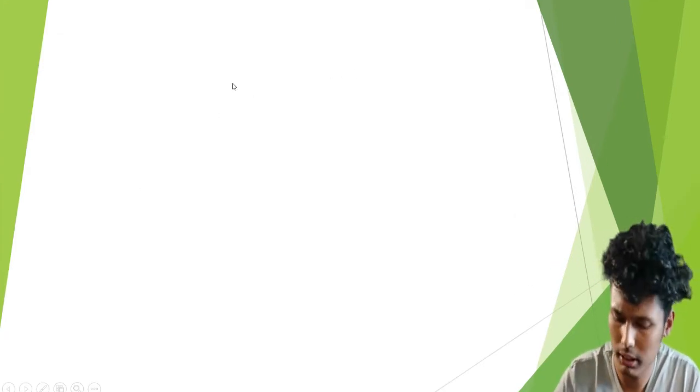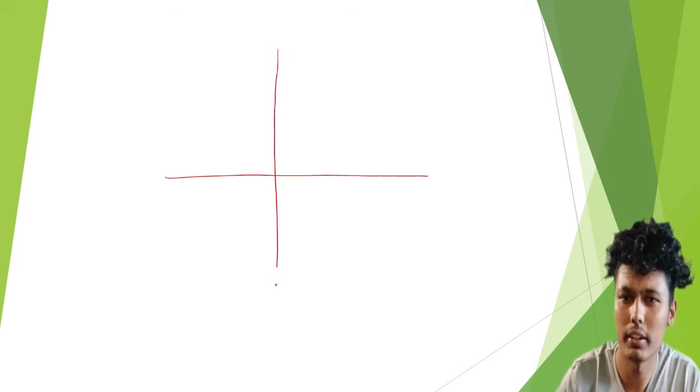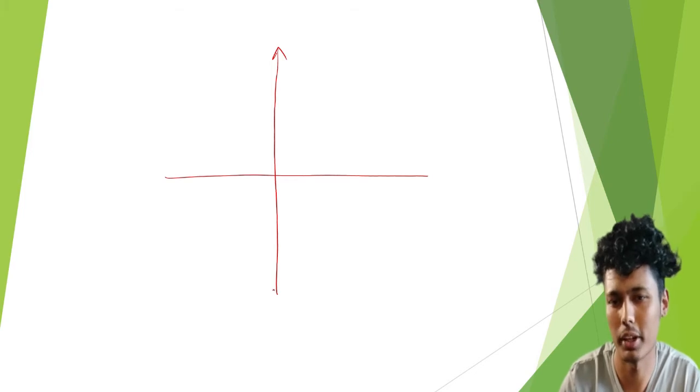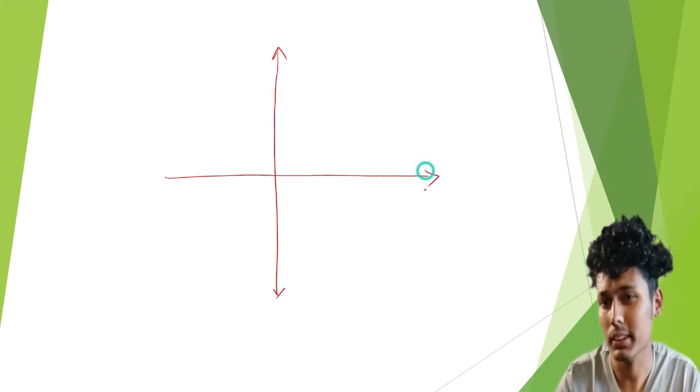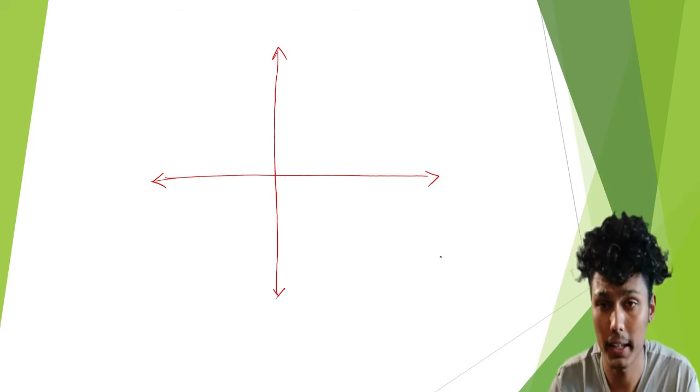So let me draw a line. So this is one line. Another line will be this one. I mean, not straight, but okay. So it is like this.